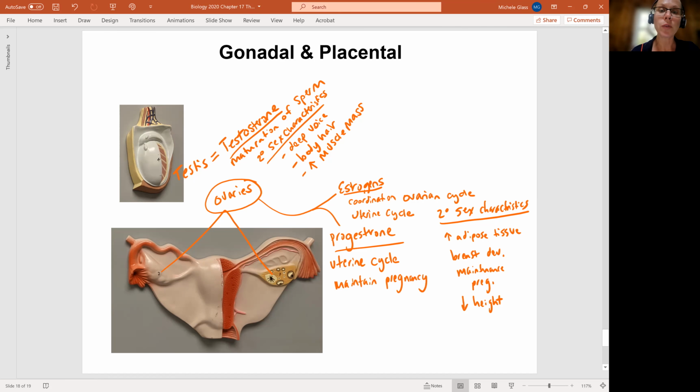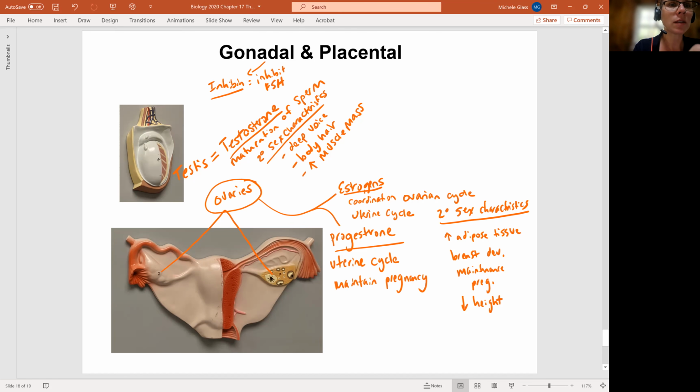The other gonadal hormone that we can mention is inhibin. And this has the same function, which is to inhibit the production of FSH. So it's very much doing this control of the sex hormones, testosterone, estrogen, and progesterone.